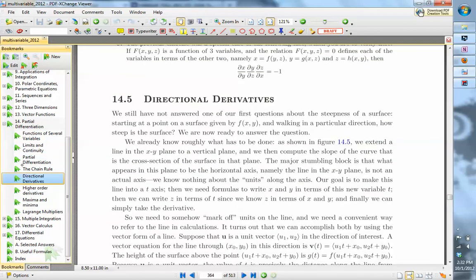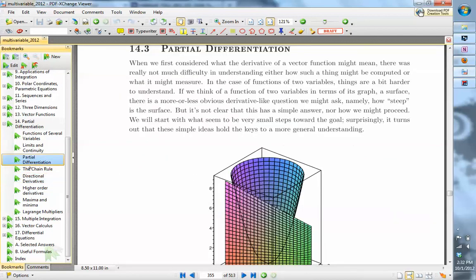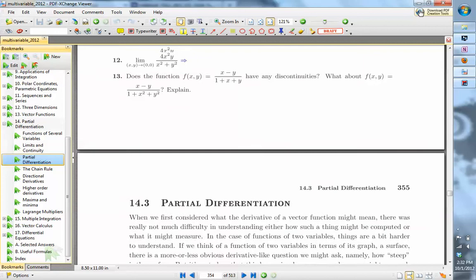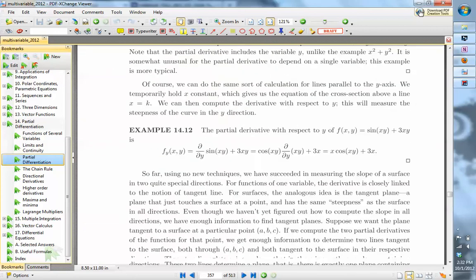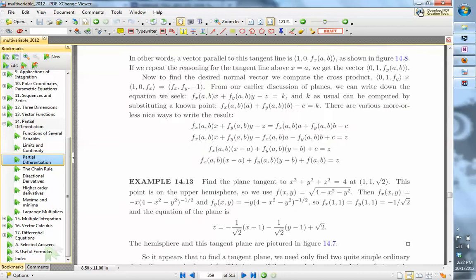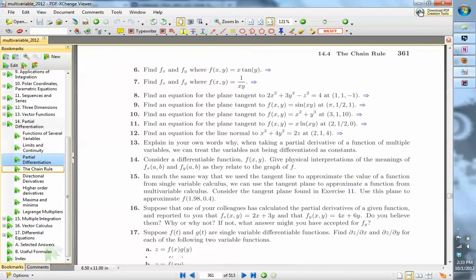There we go. I don't know why it doesn't want to go, or I'm just not thinking about it correctly. Almost there.